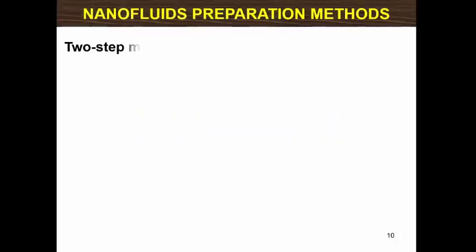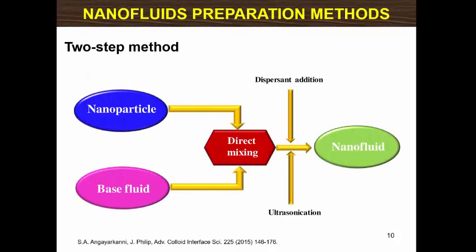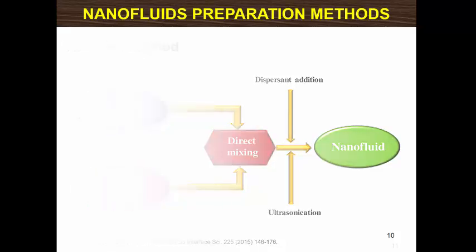Two methods are used to prepare nanofluids: the two-step method and the single-step method. In the two-step method, the nanomaterials, such as nanoparticles, nanotubes, and nanofibers, are first produced either by a physical or chemical process. The dry powder is then dispersed in a fluid to form nanofluid.